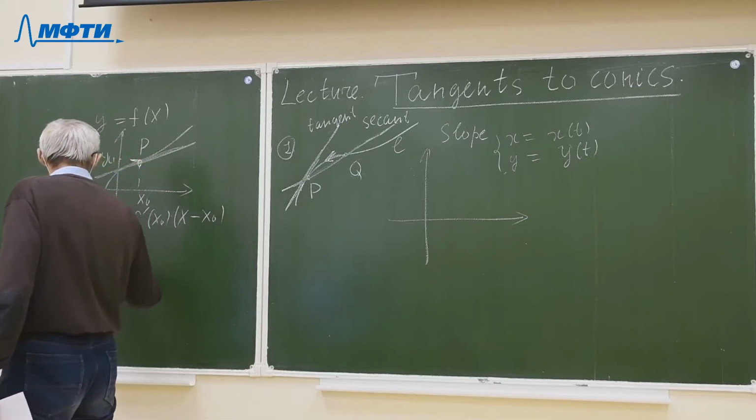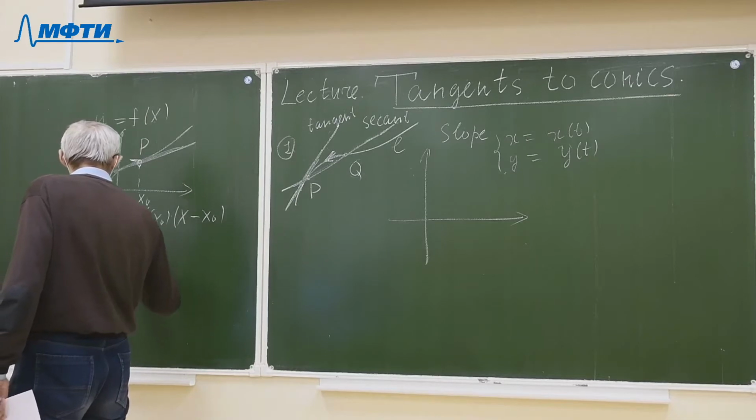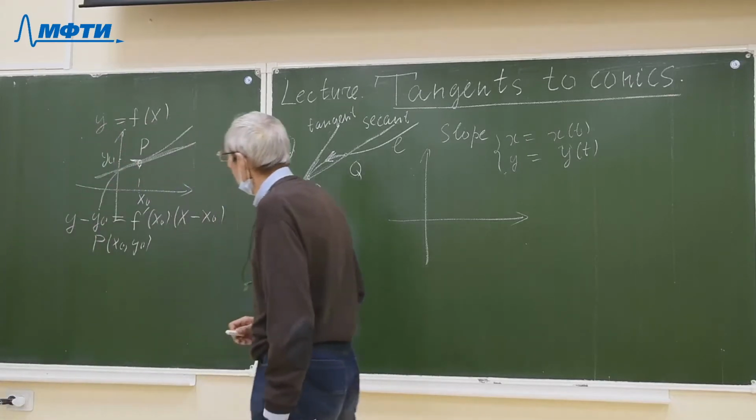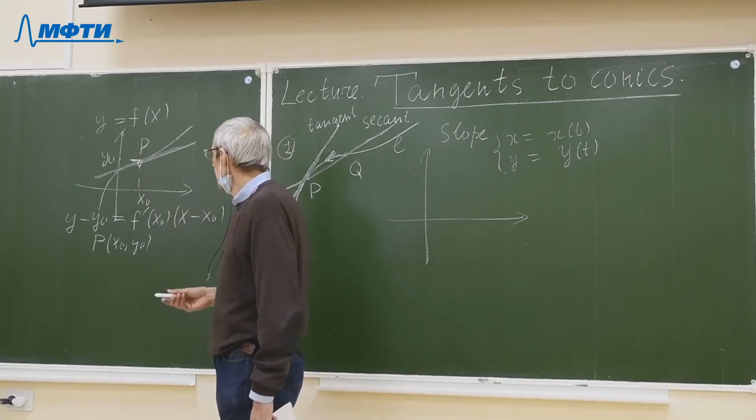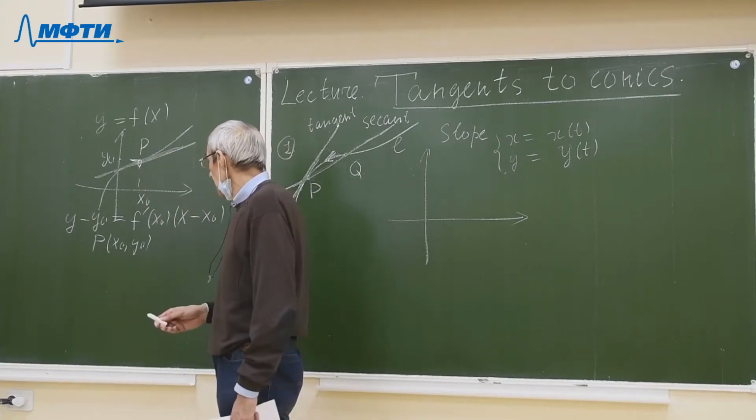Here P is some distinguished point, and we consider the tangent through this point P.